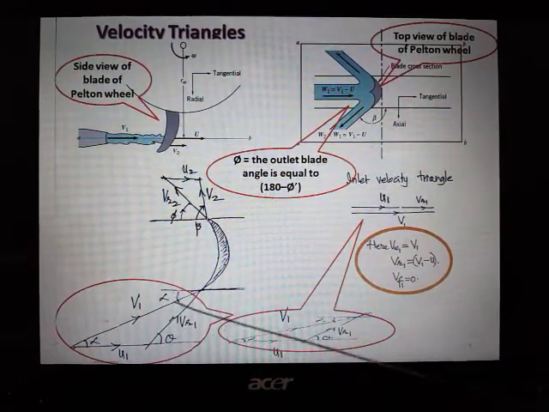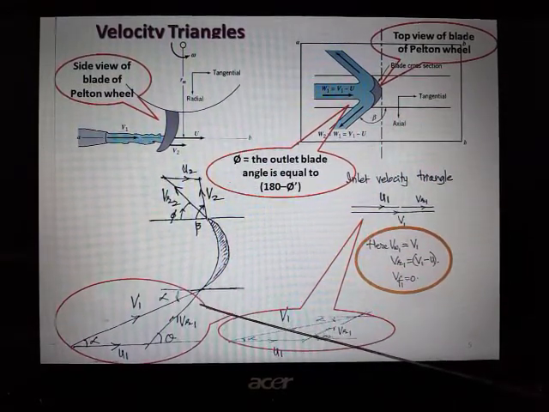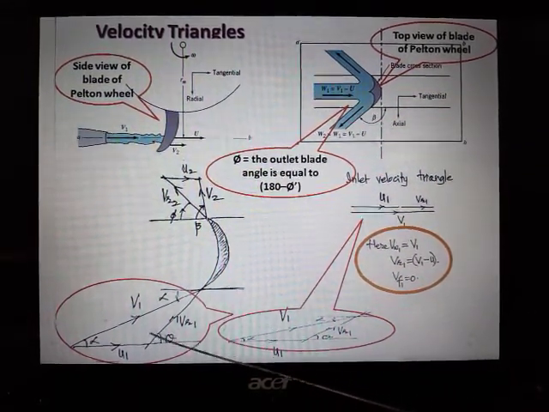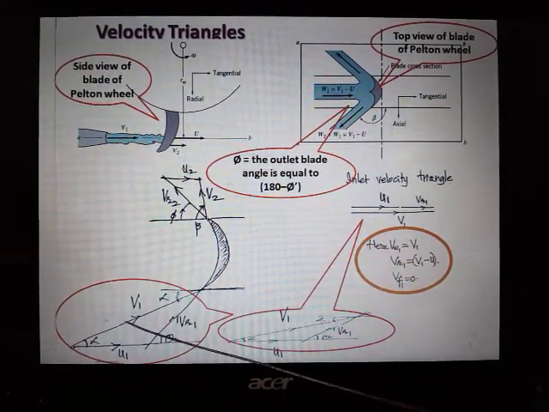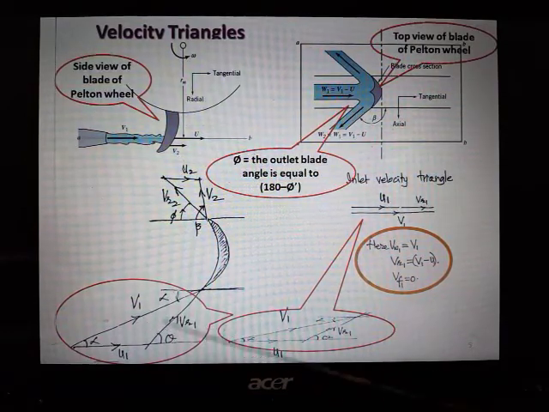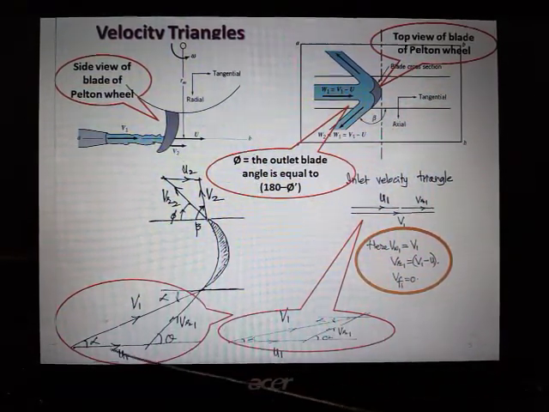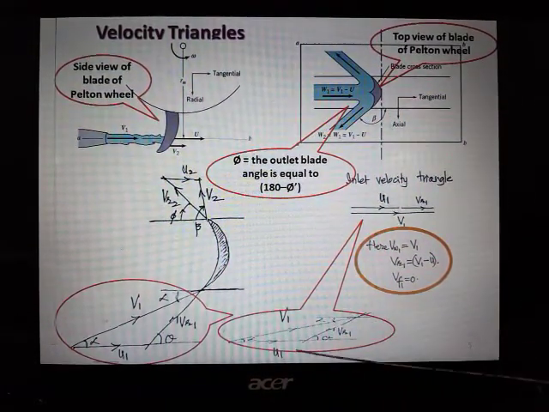accustomed to this now. Only the change that has to be incorporated is something like this. This inlet velocity triangle will have alpha 0, theta 0. In the sense this gets flattened up like that. You can see alpha is reduced, theta is reduced, it is slipping down.